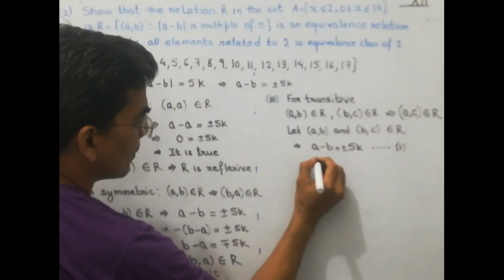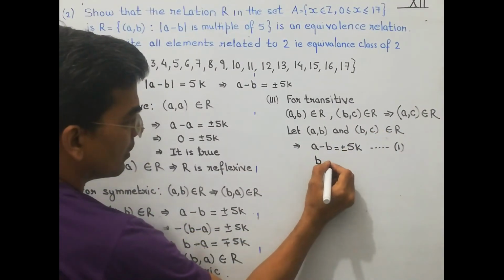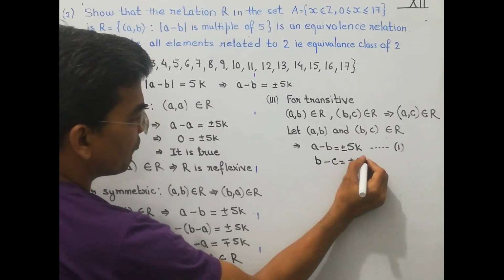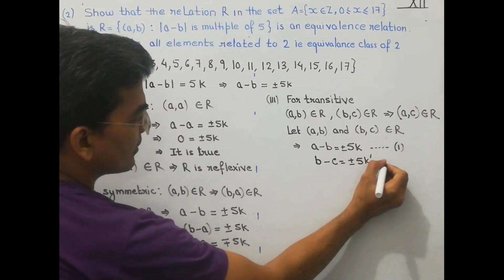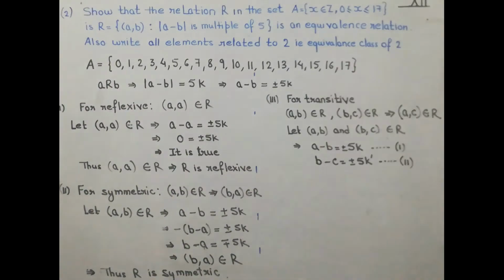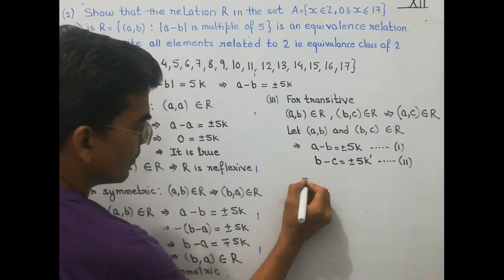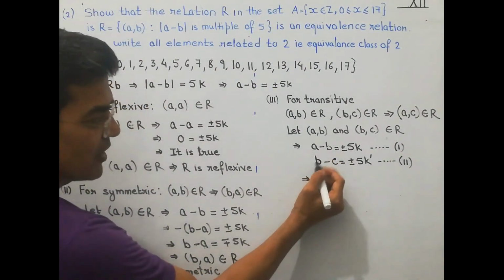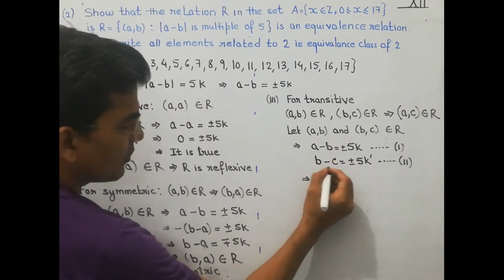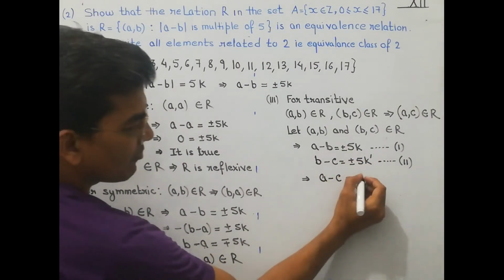Now (b, c) is also belonging to the same relation. So when (b, c) belongs to R, b minus c will also be equal to a multiple of 5. Let it be 5k dash. So here k and k dash may be any integer. Now if you add these two, minus b plus b will cancel out, and you will be left with a minus c is equal to, here you take 5 common.